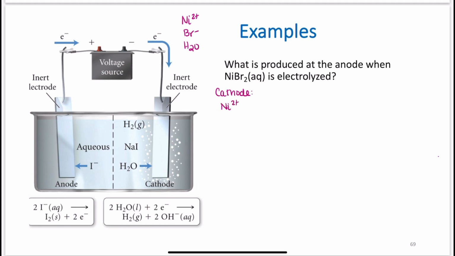If I have Ni2+ gaining 2 electrons, forming nickel, that's negative 0.23 volts. Br- can't do anything. And H2O can form H2 gas plus some other stuff.